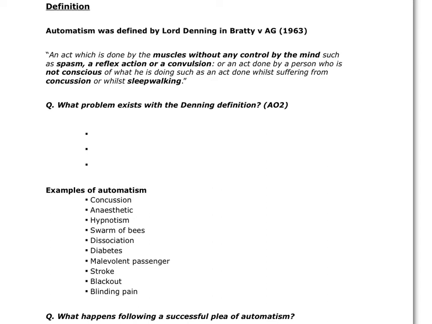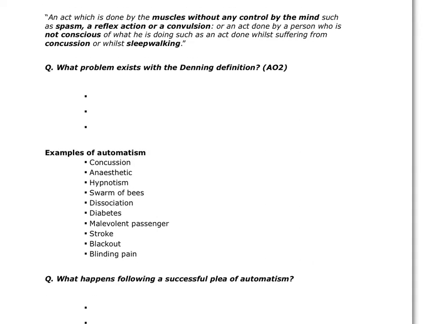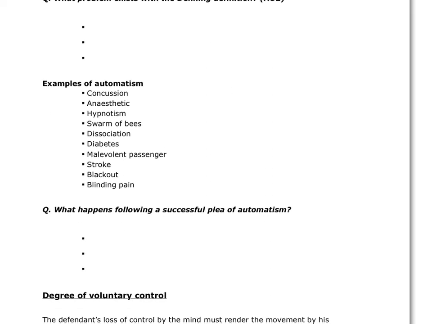Right, so that would be for an essay, which is probably less likely; more likely is application. So in terms of application, examples of what you're looking for are classic examples that have existed in the case law. Examples of automatism: concussion, where you're concussed and in some kind of seizure.